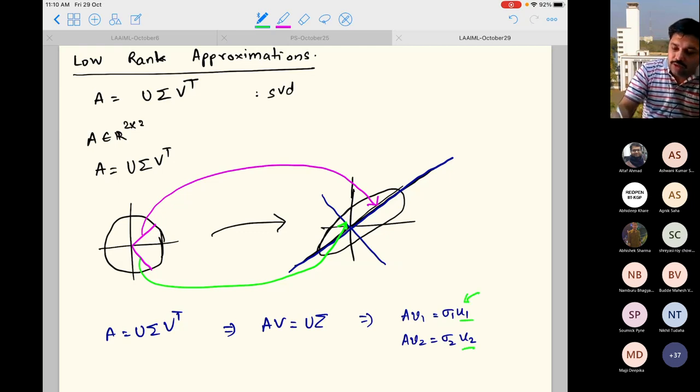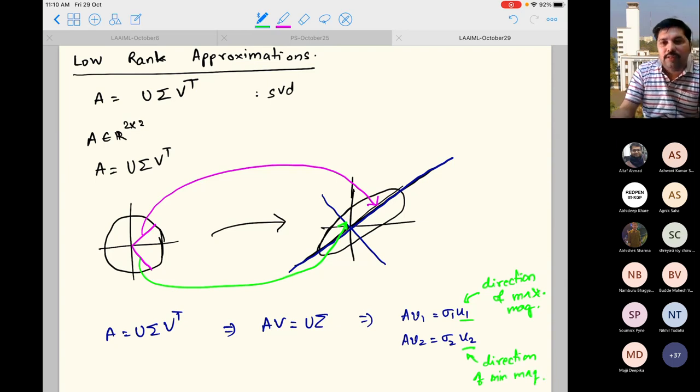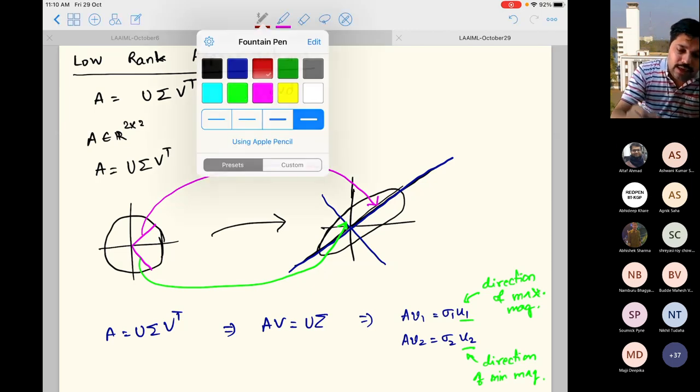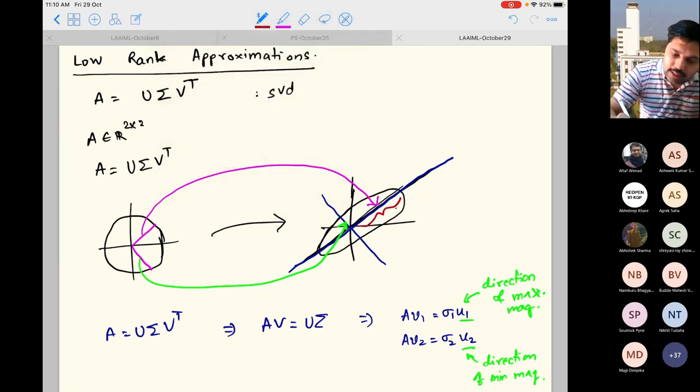So U1 is the direction of maximum magnification, and U2 is the direction of minimum magnification. These lengths are your singular values: this length is your highest singular value sigma 1, and this length is sigma 2.